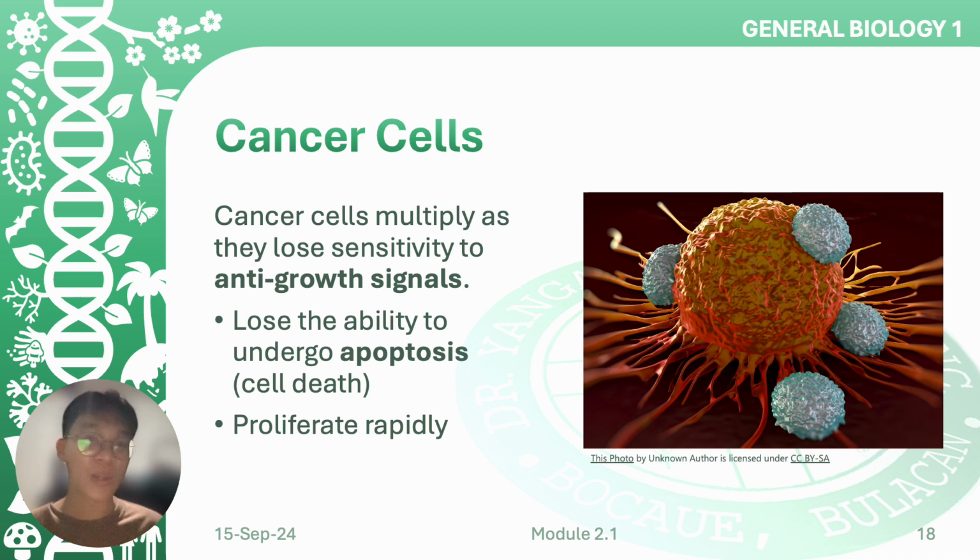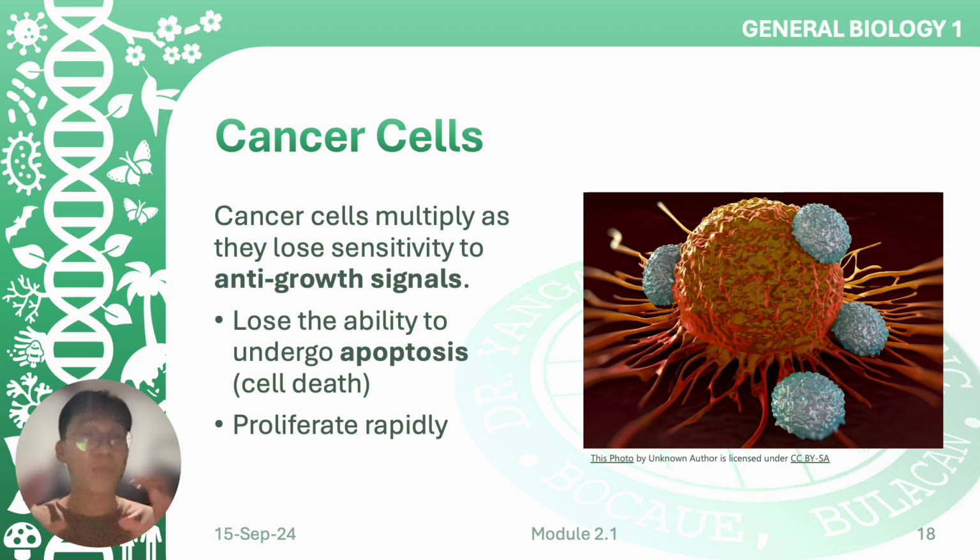So this causes the cells to lose the ability to undergo cell death or apoptosis. Apoptosis is the programmed cell death, which allows the cell to die because it has the wrong DNA. But since the cell itself doesn't know how to control itself anymore, nothing would stop it.